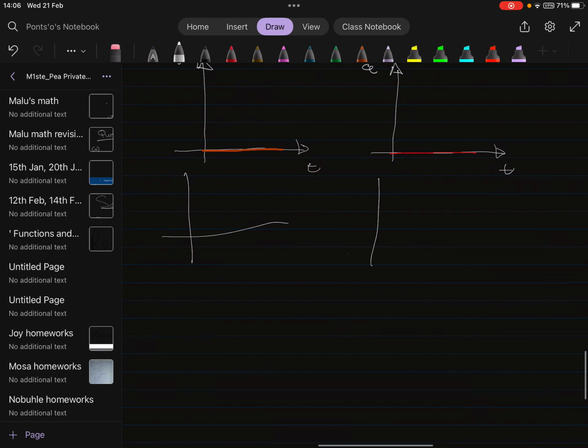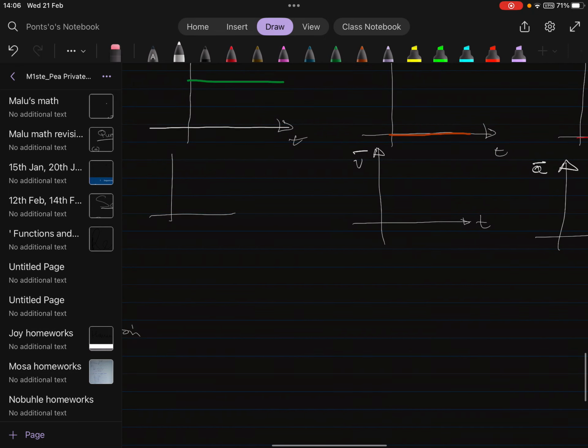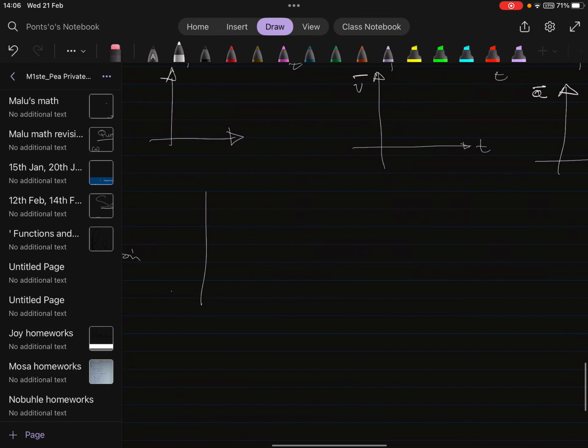I think I should just do that for these two as well.